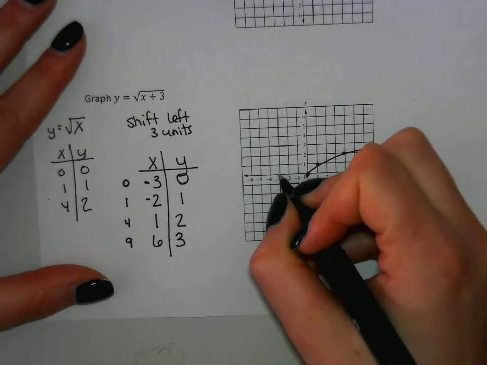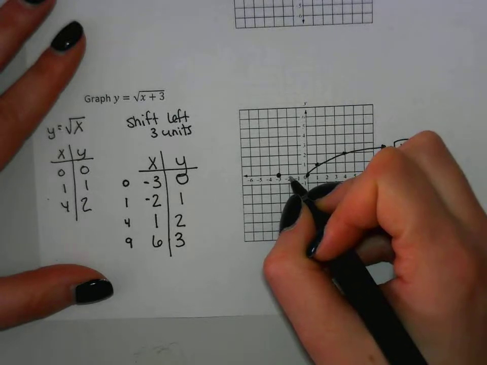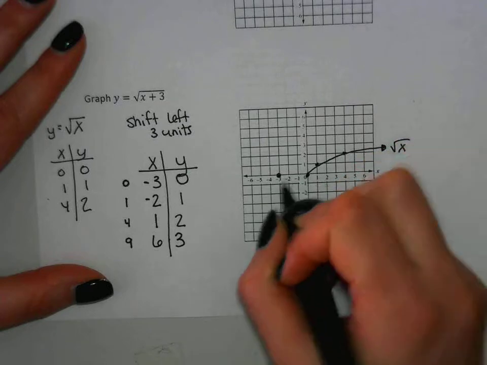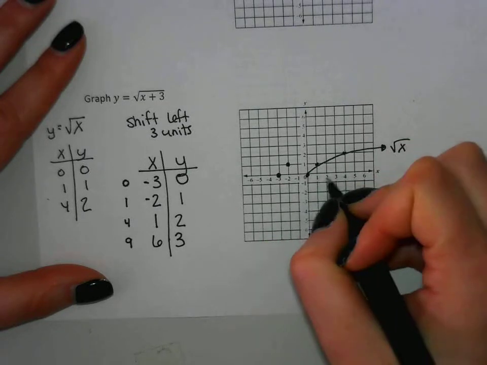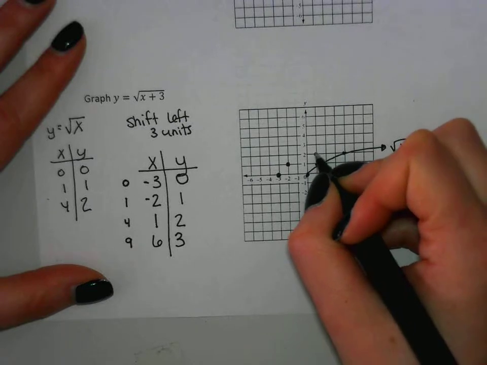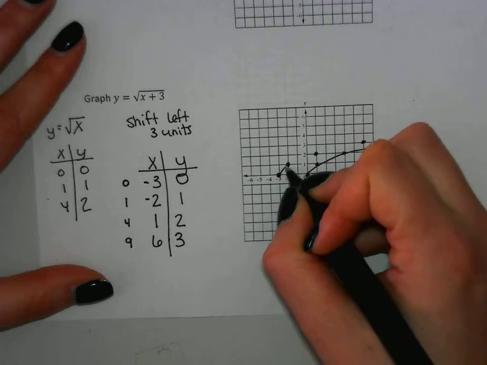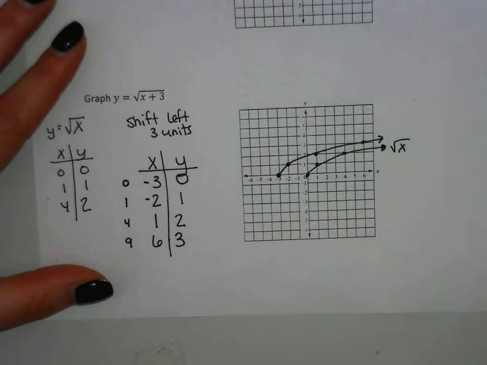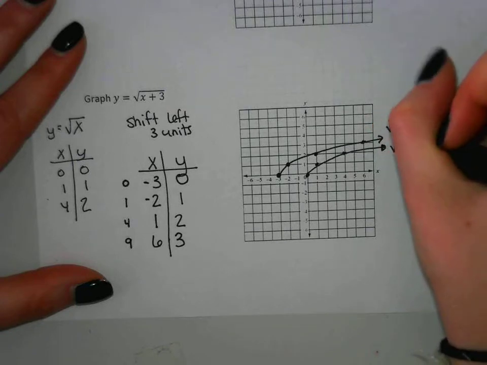We have (-3, 0), (-2, 1), (1, 2), and (6, 3). As you can see for this one, it's shifted horizontally to the left. So this is the square root of x plus 3.